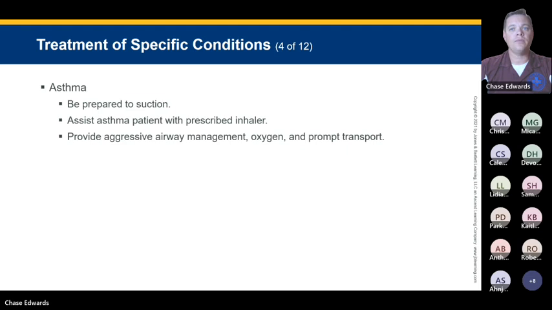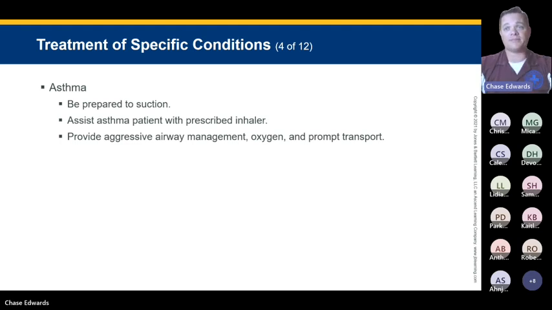For your asthma patients, so this is going to cover asthma, hay fever, anaphylaxis. So your asthma, be prepared for suction. Assist the asthma patient with prescribed inhaler if they have one, and then provide aggressive airway management and oxygen. So managing their airway, meaning if you got to provide ventilation or something like that, then you need to do so pretty quickly because it's squeezing off.